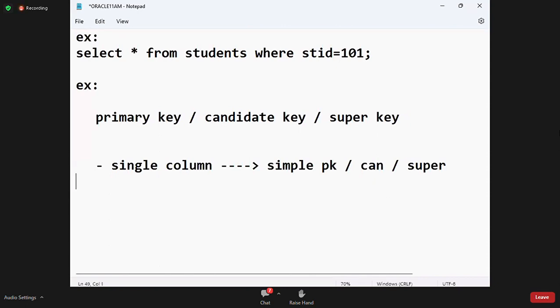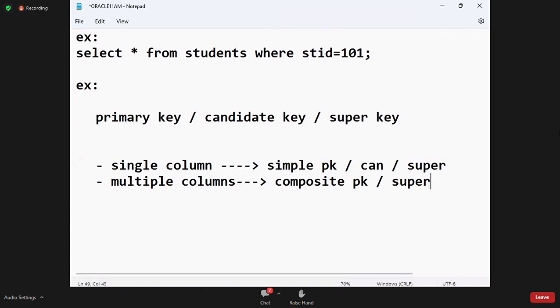But the same primary key, when you apply it on multiple columns, then we call it a composite primary key, and then we call it a super key, but we cannot call it a candidate key.